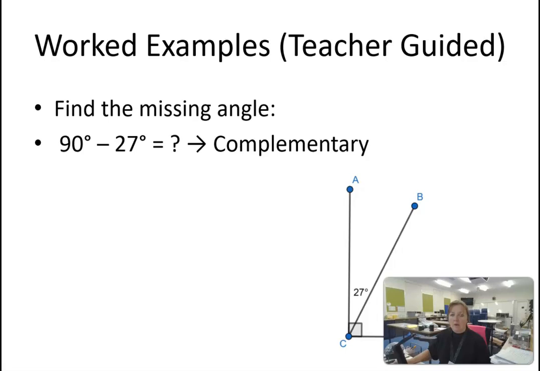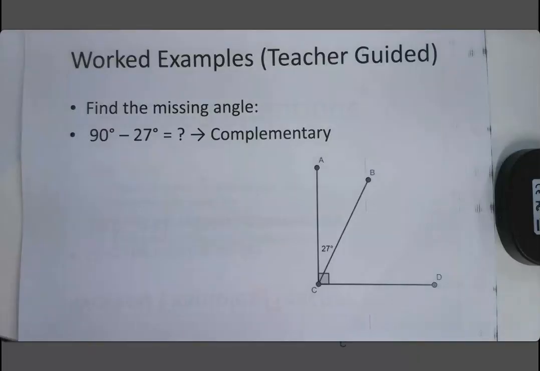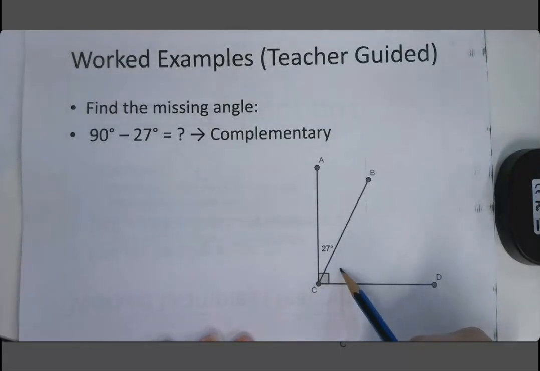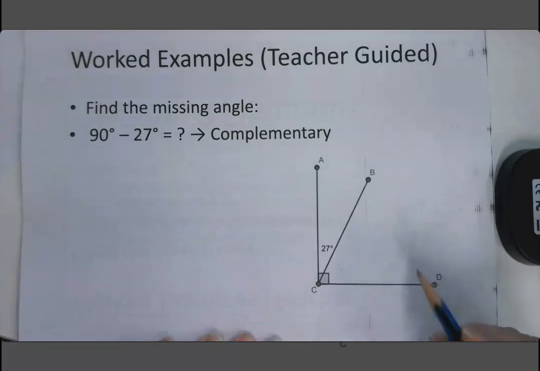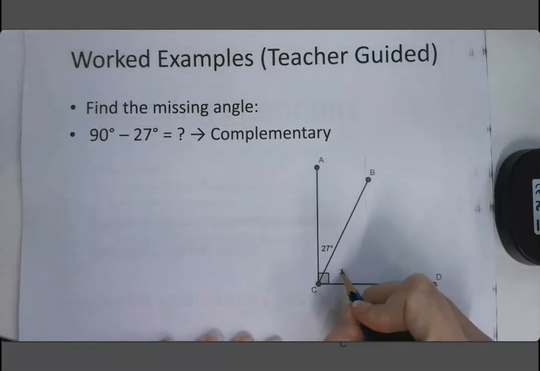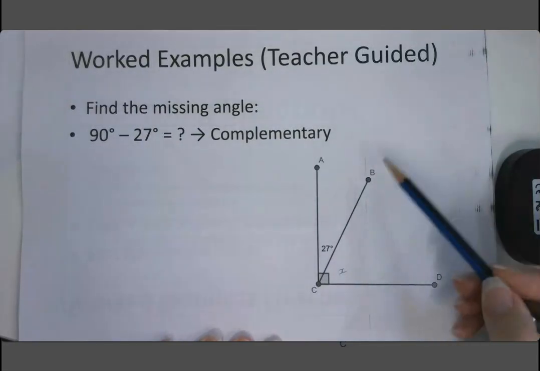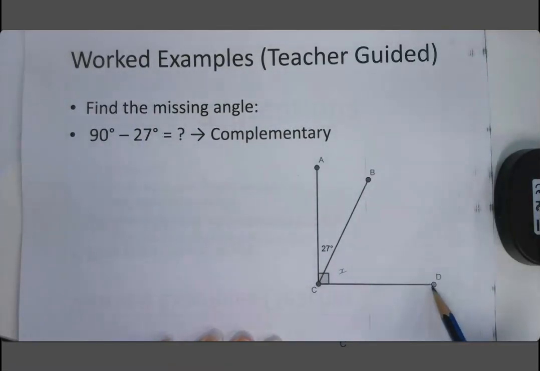Okay, we've got a question to work through together. I'm going to move back to my paper. This question is asking me to find the missing angle. Sometimes they might ask you to find X, or they might ask you to find angle BCD, and they'll tell you that these two angles are complementary.